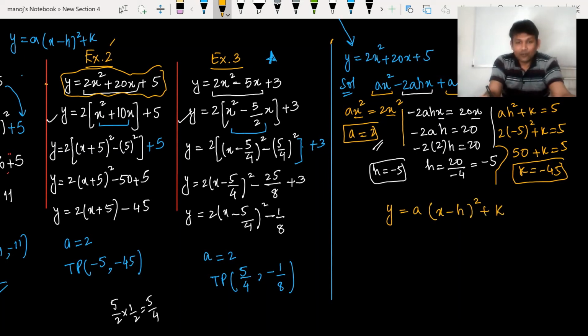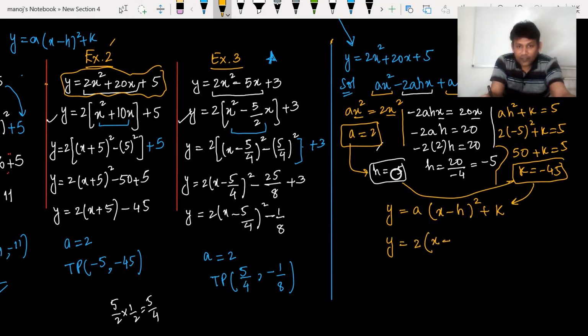Okay, now the value of a is 2, the value of h and the value of k. All the values I have to substitute in this equation. Now just substitute. Y is equals to a is 2, x, minus is already there, this minus and this minus 5 will become plus 5, and k is minus 45.